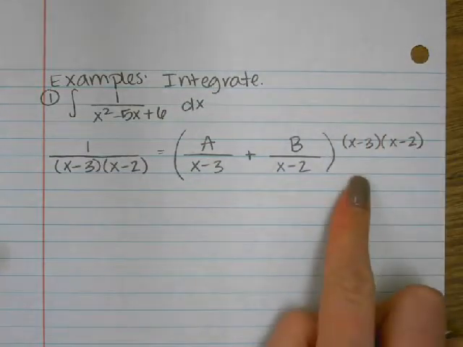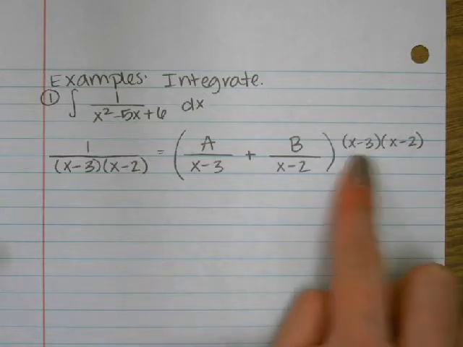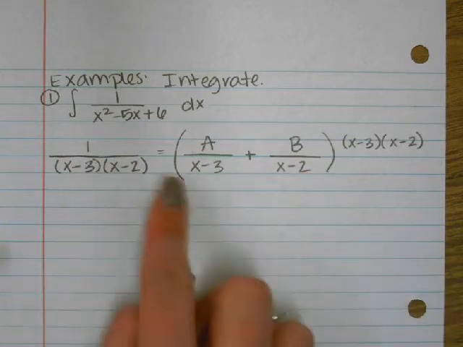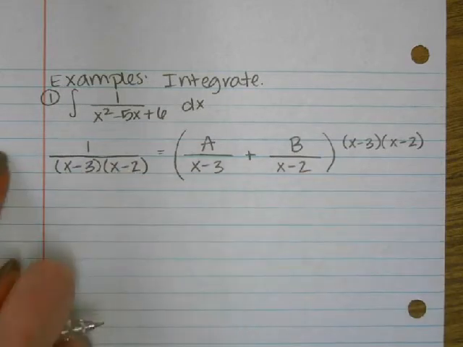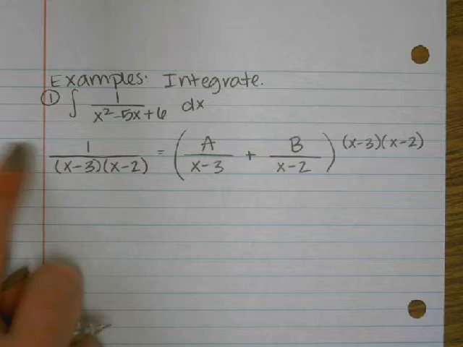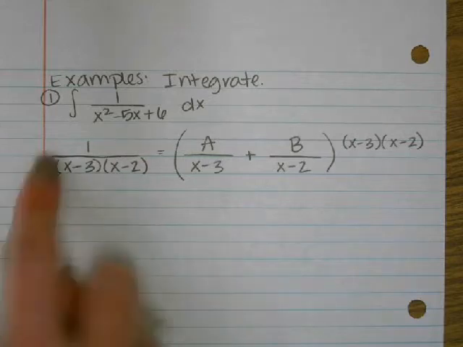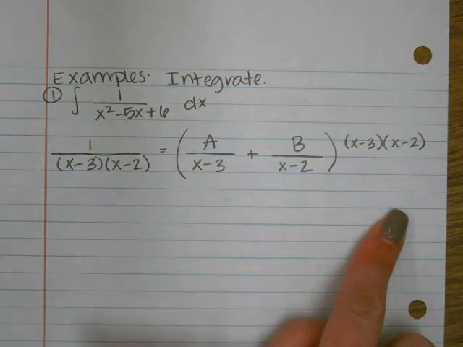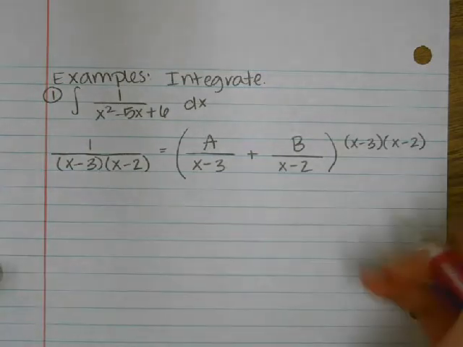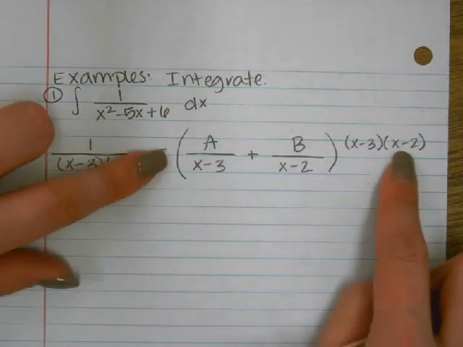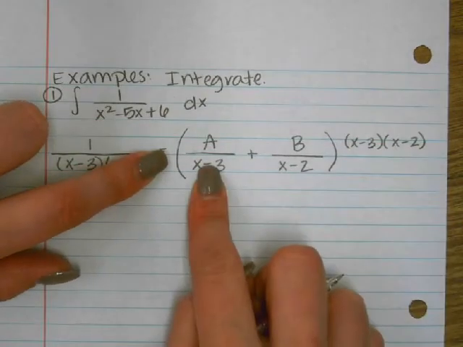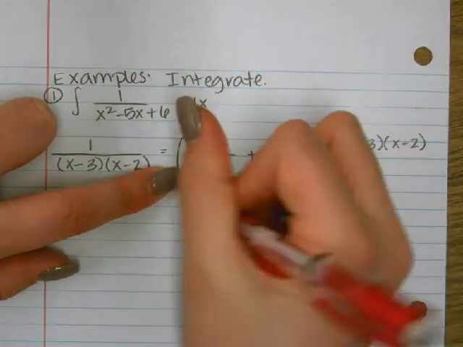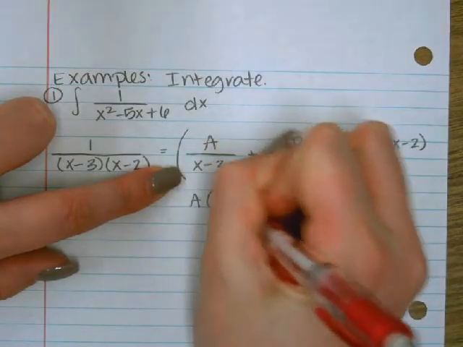You can think of it as doing this to get a common denominator, or as multiplying each side by x minus 3 and x minus 2, which cancels these out and moves it over to the other side. However you want to think of it is fine so that you can remember it. When I multiply by the first fraction, the x minus 3's cancel, and I end up with A times x minus 2.